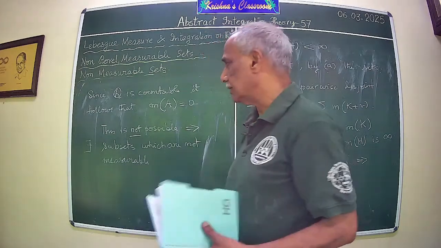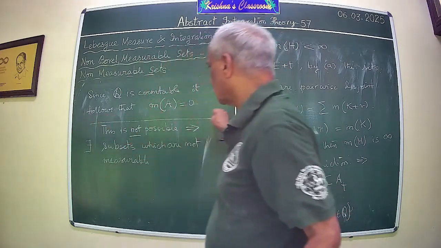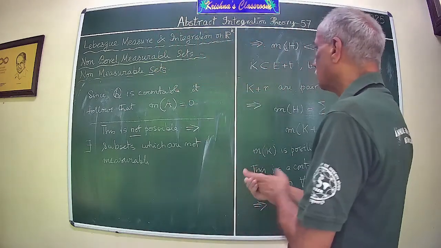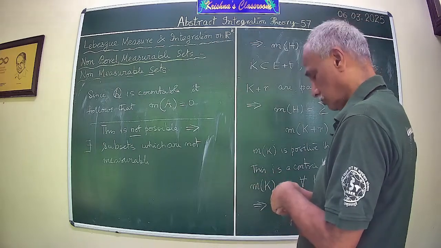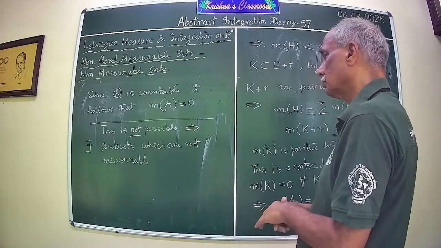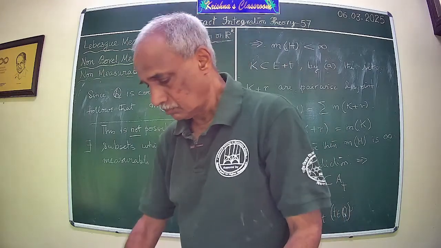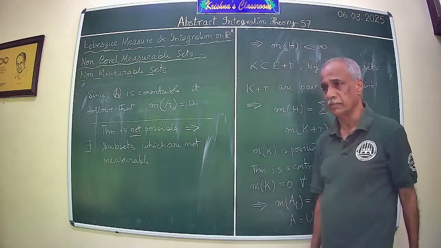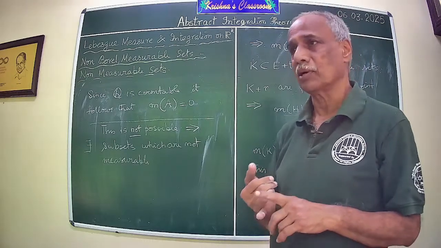Okay, or as an application of this theorem, we can get this result. So we have settled two questions, namely there exist Lebesgue measurable sets which are not necessarily Borel sets.